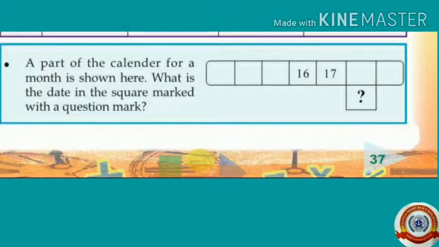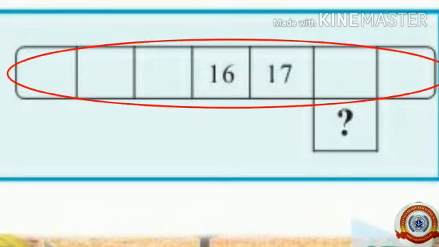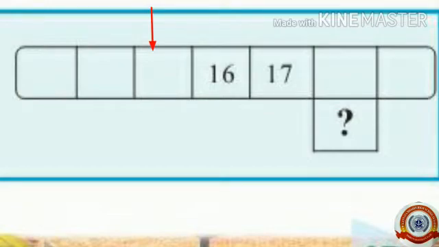Listen to this activity. A part of the calendar for a month is shown here. What is the date in the square mark with the question mark? Students, at first we have to complete the dates in this row. Before 16, which date comes here? 15.